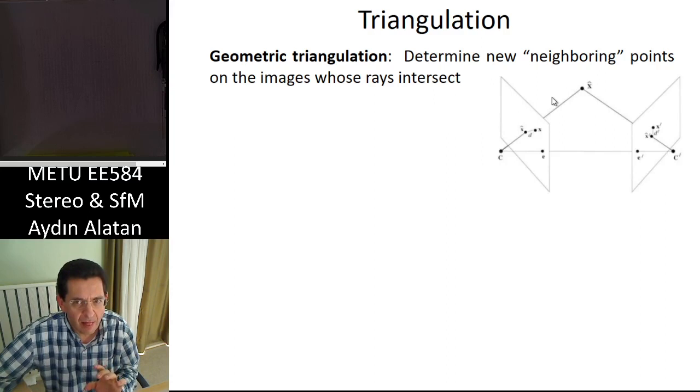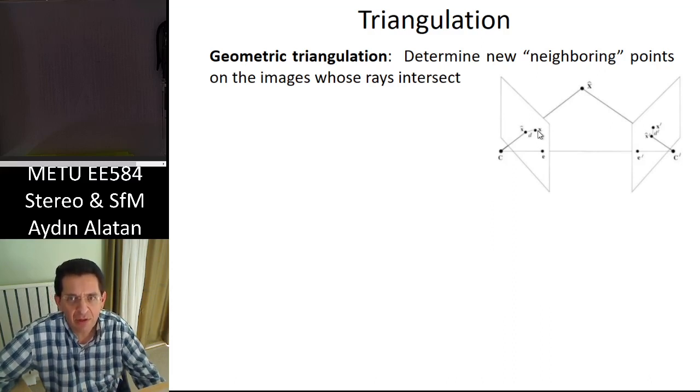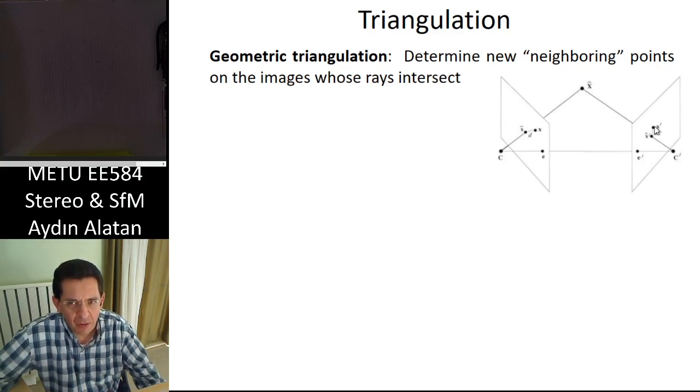In other words, let's assume this x is the measurement. You just use the Harris corner detector, and you obtain this point. There is another point that the Harris corner detector finds here. Due to errors, they are not exactly in the same position. The real point in the scene in fact projects to here and projects to there. And what I'm saying is this: let me try to minimize this distance D, and that distance D prime.